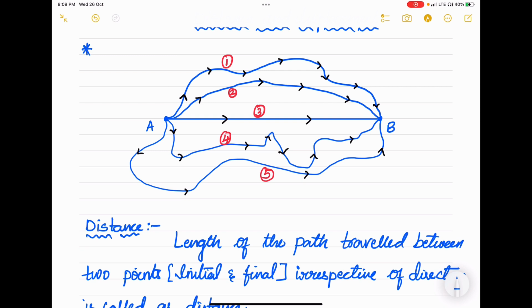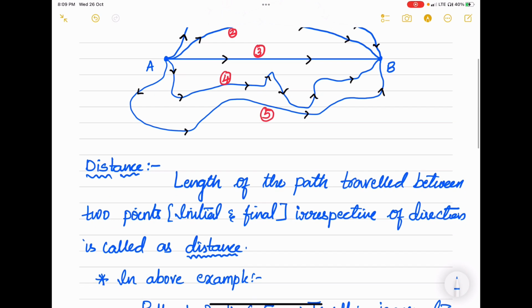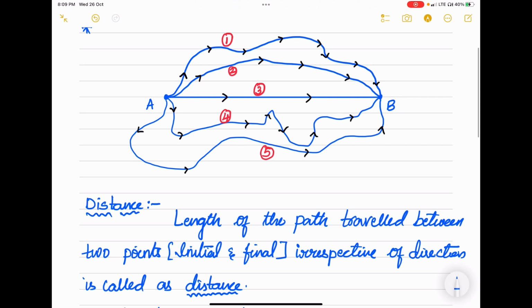Thus length of path 3 is said to be the displacement, where A is your initial point, as we know that initial means where we will start, and B is your final position or final point where the journey will end.